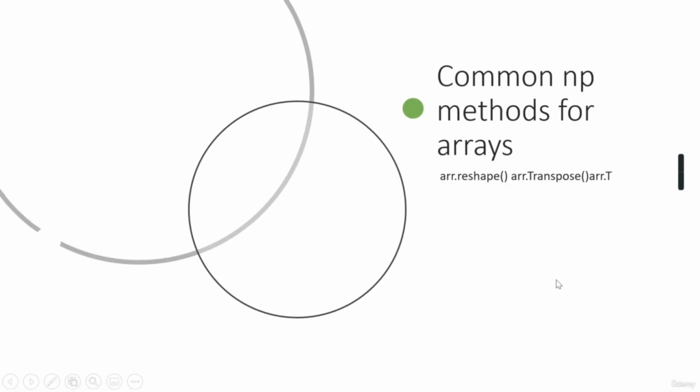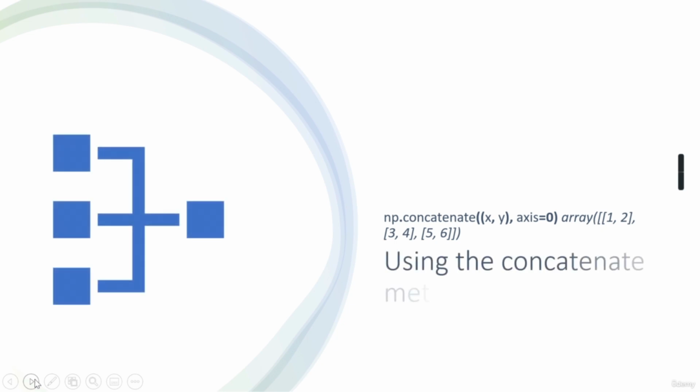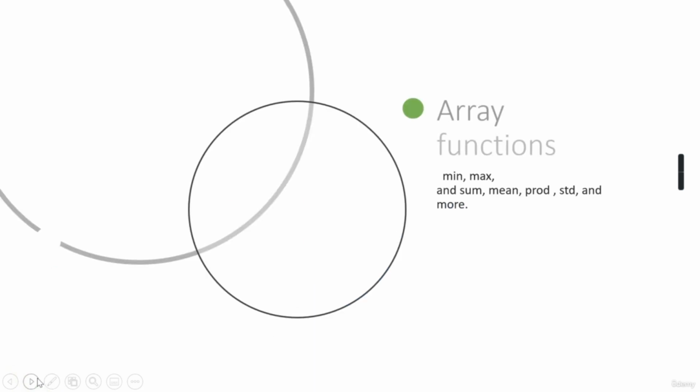Then common NumPy methods for arrays like array reshape, array transpose, array.T. So just like that, here we are concatenating. We want to concatenate x and y array at axis 0. So we can simply use this function, and let's move further.